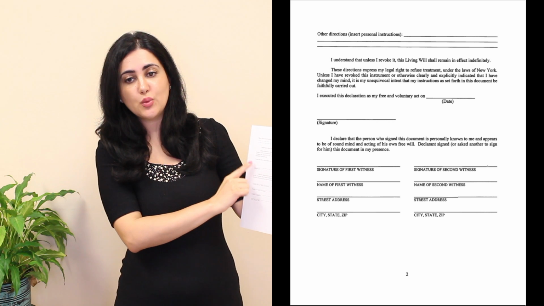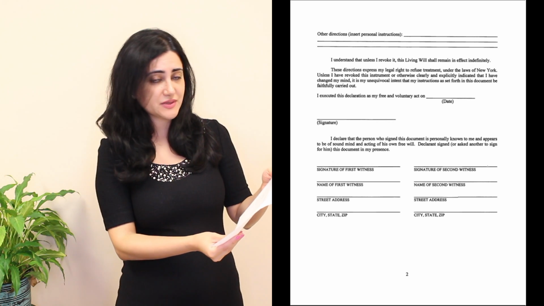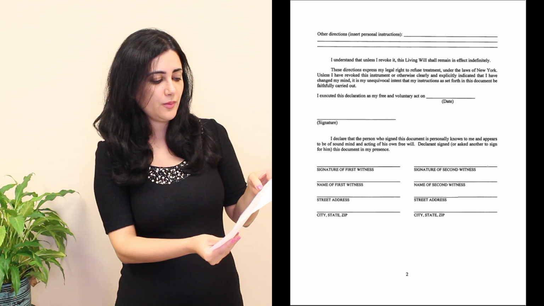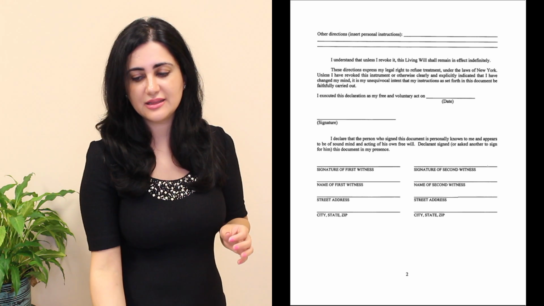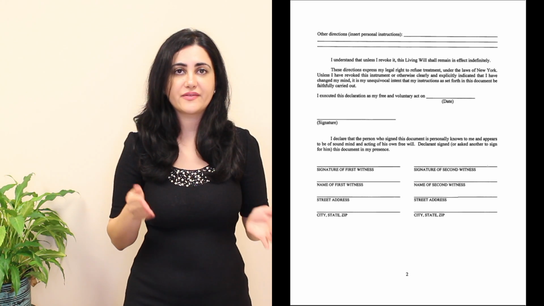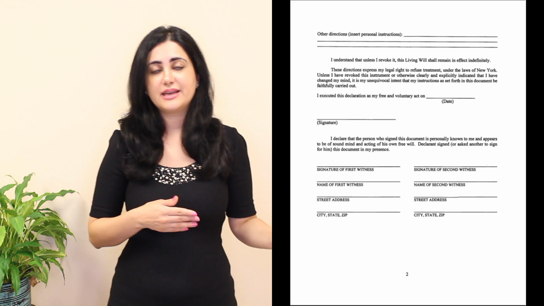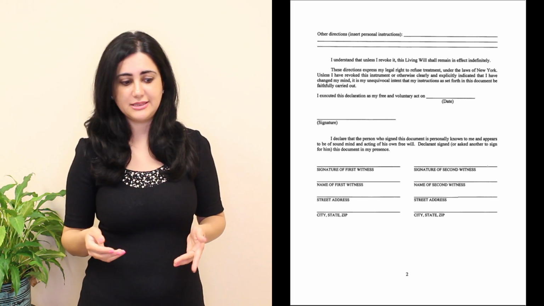Sign before 2 witnesses, and the witnesses also have to sign and put their name and the address where they reside. So that is the Living Will or Advanced Healthcare Directive. It is called both ways.